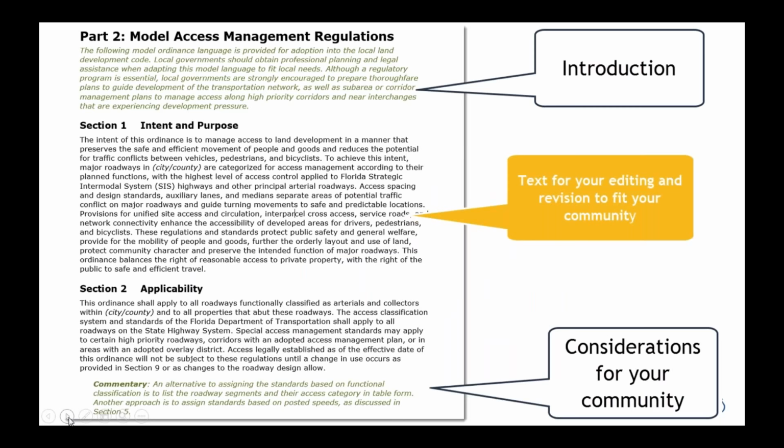So the model access management regulations are really intended as an example to allow the local governments, working with their professional planners and their lawyers, to adapt that model language to fit their needs. And that's what we're saying under the introduction there.